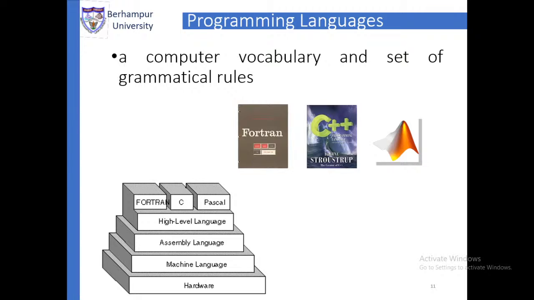That is what is C. C, C++, its variants like C#, Java, J2EE, all these are mid-level languages. So these are between high-level language and assembly level language. And there are application languages like MATLAB.